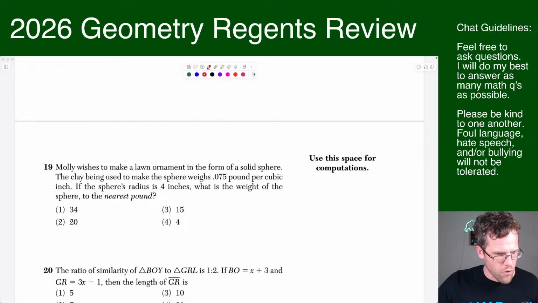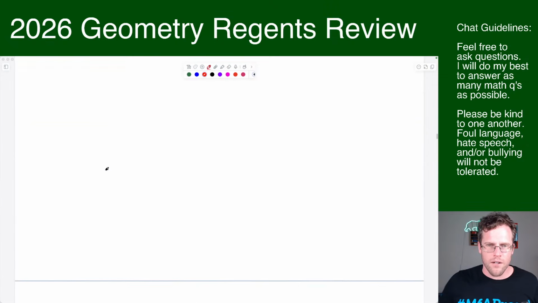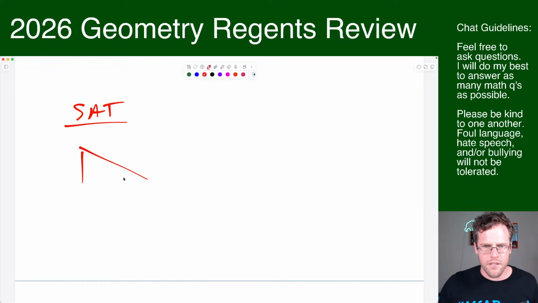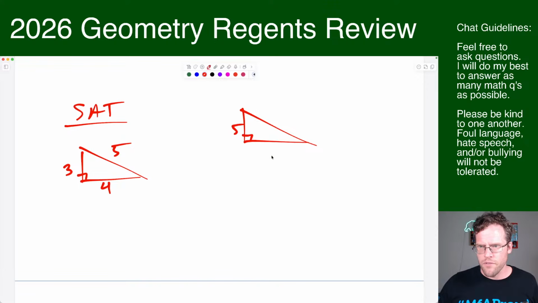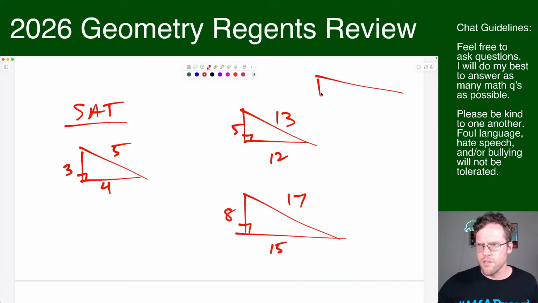Oh, what's the 3, 4, 5 triangle that you use for? So 3, 4, 5 is a little SAT shortcut. On the SAT, these are called Pythagorean triples. These make right triangles. 3, 4, 5. There's 5, 12, 13. There's 8, 15, 17. And then there's 7, 24, 25.